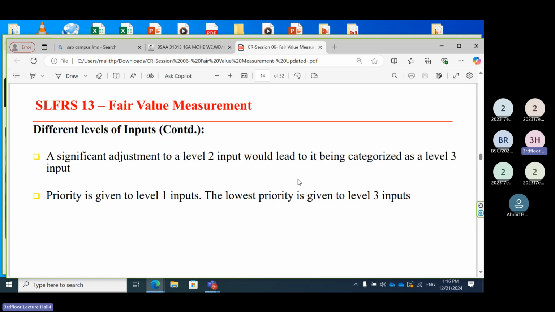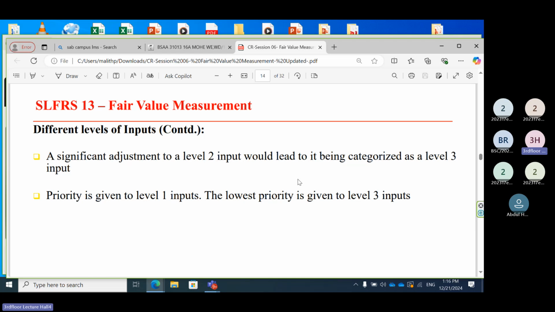What do you mean by that? You have a private hotel, right? A private hotel having 50 rooms nearby Kalutara. You want to fair value this. What are you going to do?